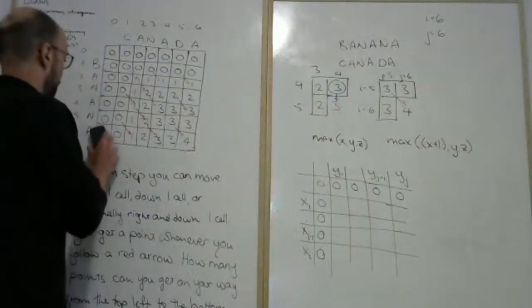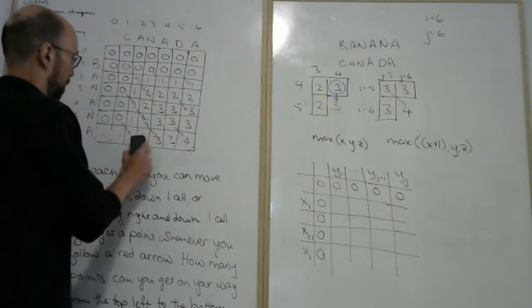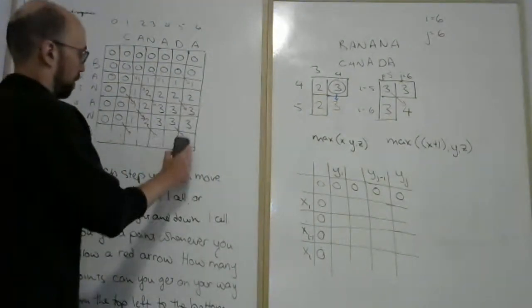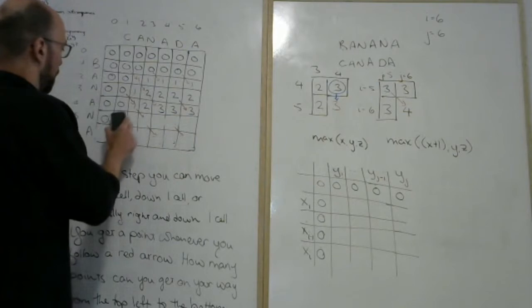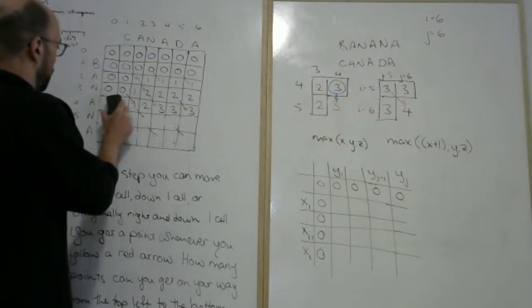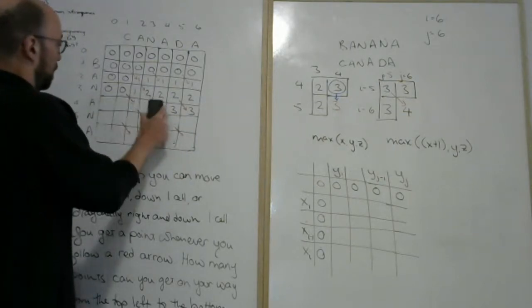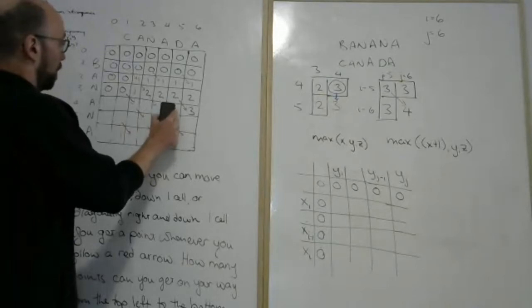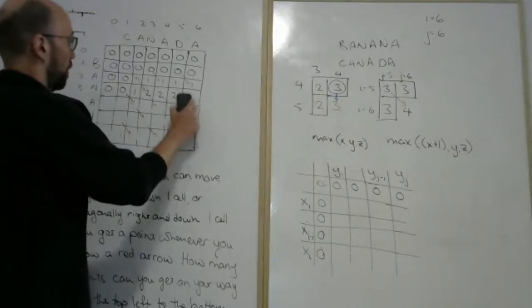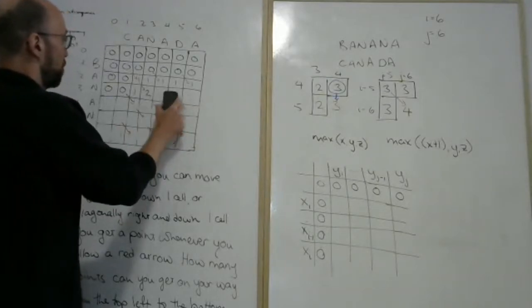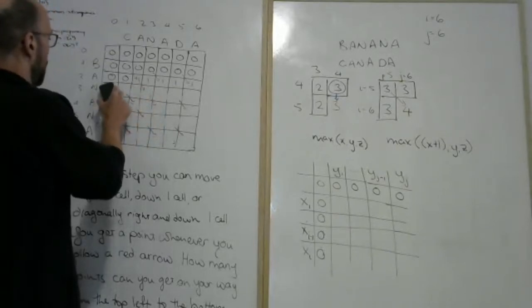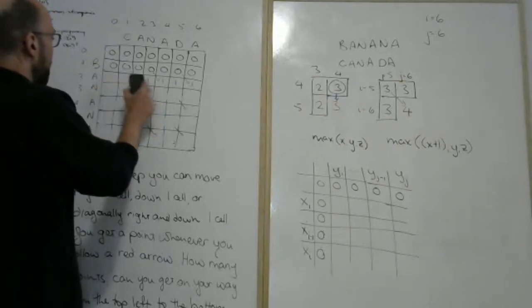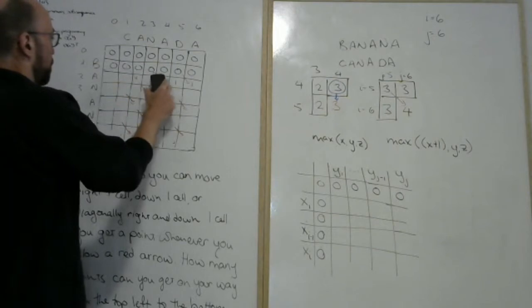I'm still going to use the same matrix, and I'm still going to have the same red bridges. You can be thinking of questions while I erase everything. So what changes is, now, with longest common subsequence, I'm gaining a point every time I cross a red bridge.